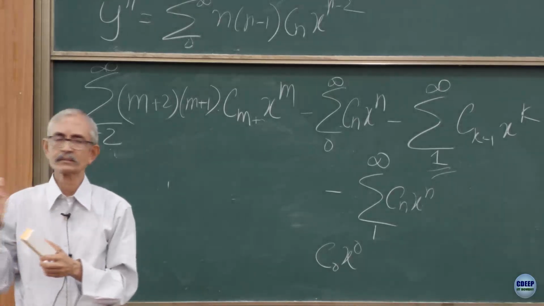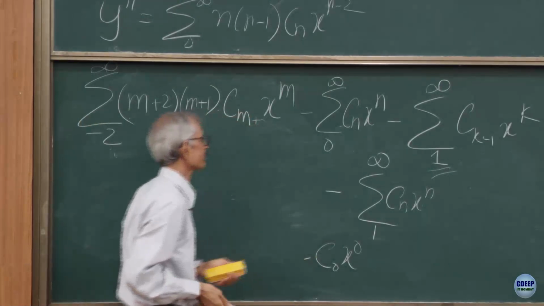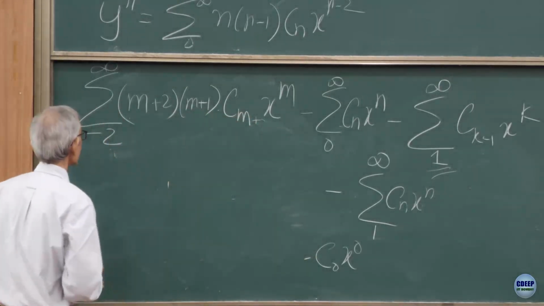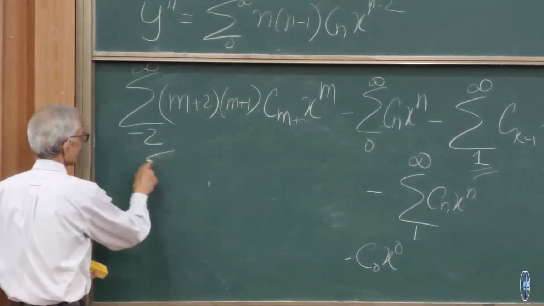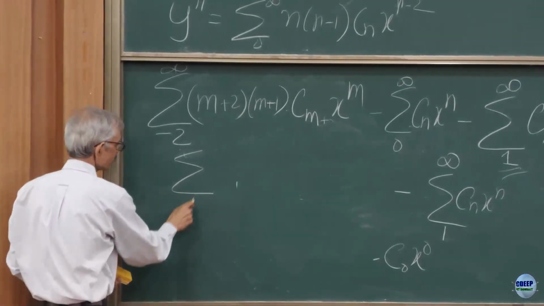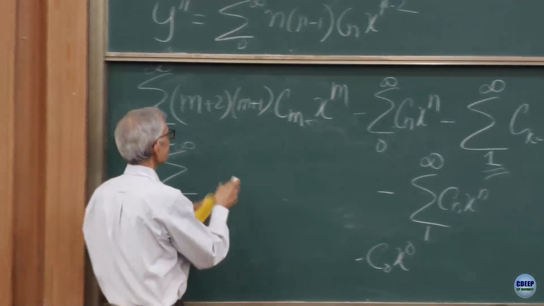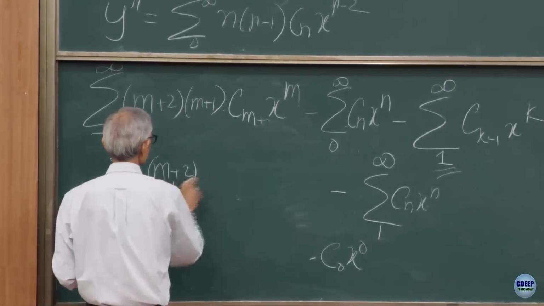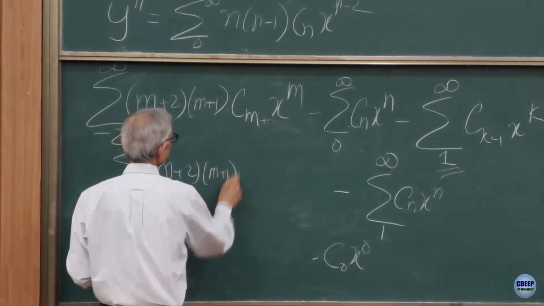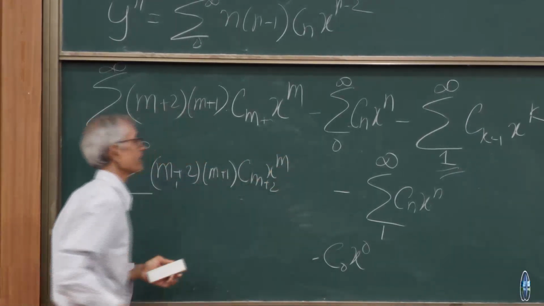Okay, so that's my first term in here, and the second term is up there. Now this one here, we can say goes from minus 2 to infinity. I would like this one again to go from 1 to infinity, and keep the same thing, m plus 2, m plus 1, c m plus 2, x to the m.